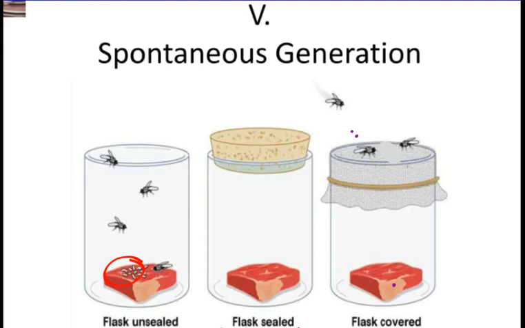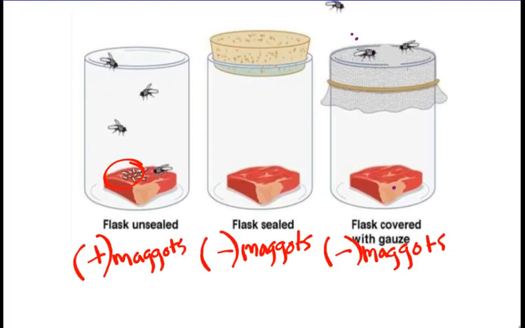So based on this evidence, I only have maggots in the unsealed flask. What should your claim be? Where do maggots come from? Maggots come from flies. That should be your claim. Which one of these flasks, we'll just call them 1, 2, 3, shows that maggots don't come just from meat?